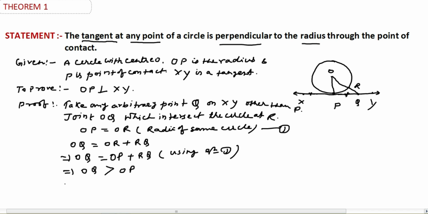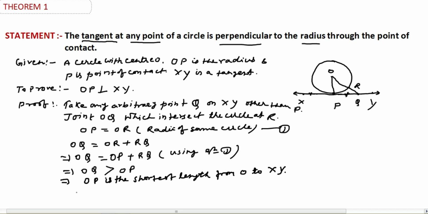Here we can conclude that OP is the shortest length from O to XY.